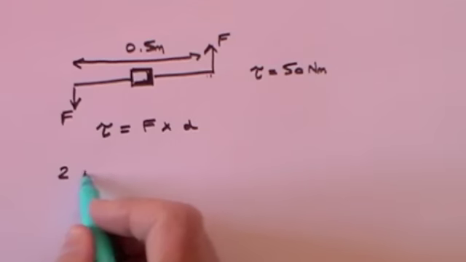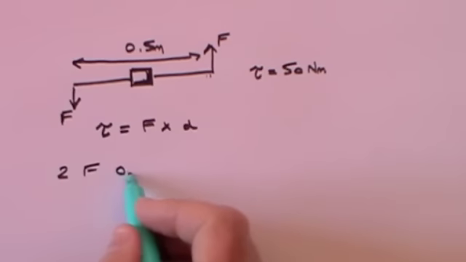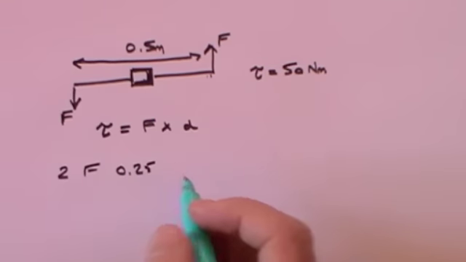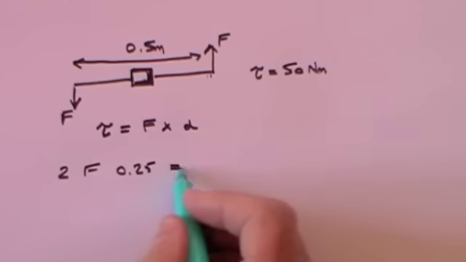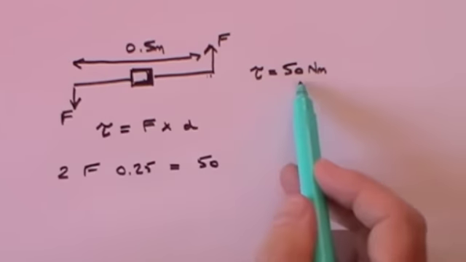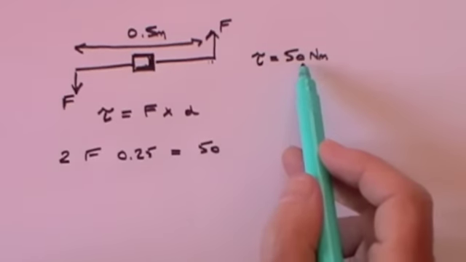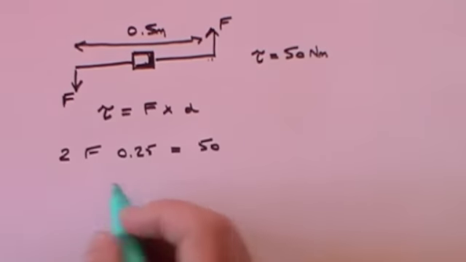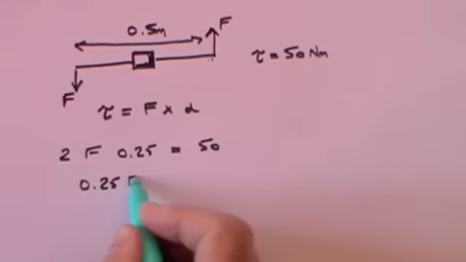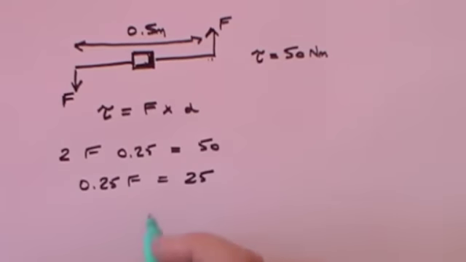So we've got two lots of force acting at 0.25 meters, and that's the total torque, and that equals 50. That's what we were given. And that means that 0.25 F is equal to 25, which means that F is equal to 100 newtons. So the total force needed on both sides of the spanner is 100 newtons.